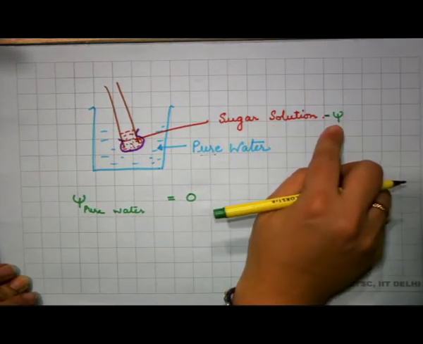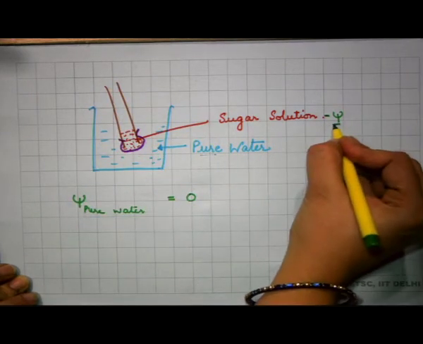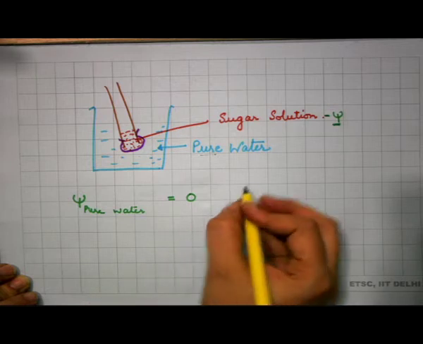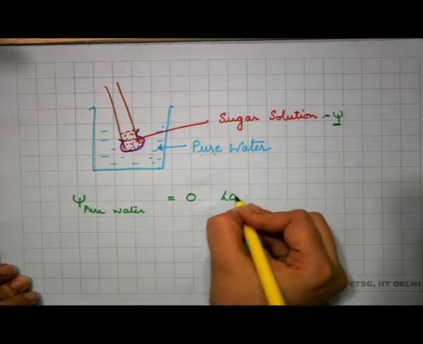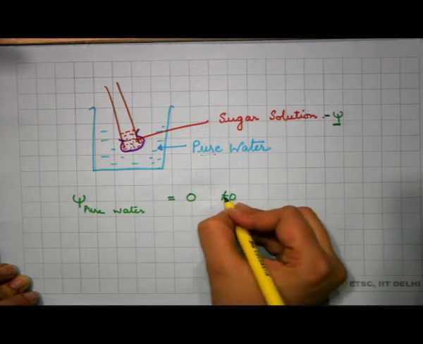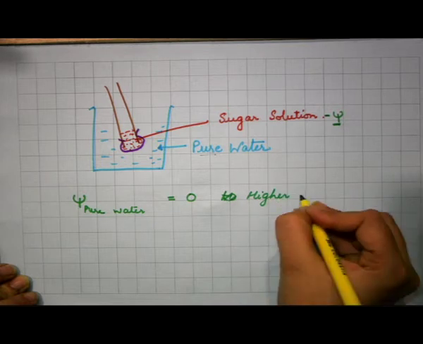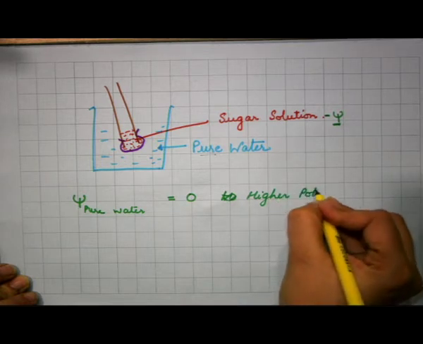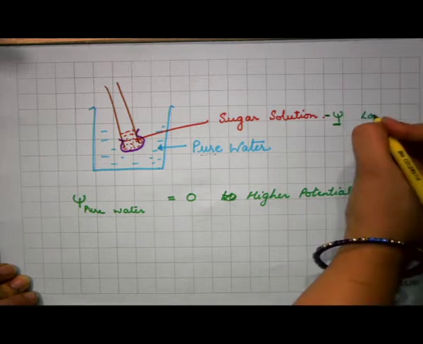So, the water potential of this solution in this test tube was highly negative. As a result, this came to be the lower water potential, this came to be the higher water potential, and this was the lower.